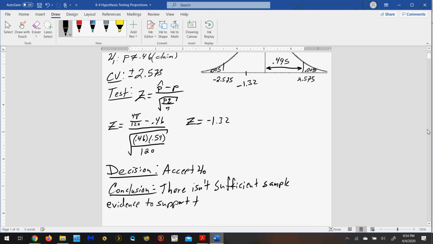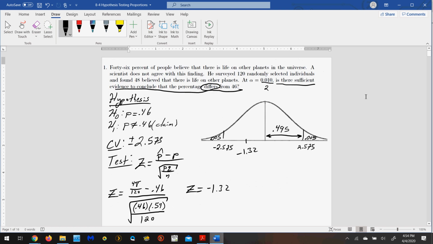the claim that, now you have to be careful how you would write this, because you can't say claim that the percentage differs from 46, because then there are a lot of details left out, and who would ever read this conclusion has no idea to what this refers.